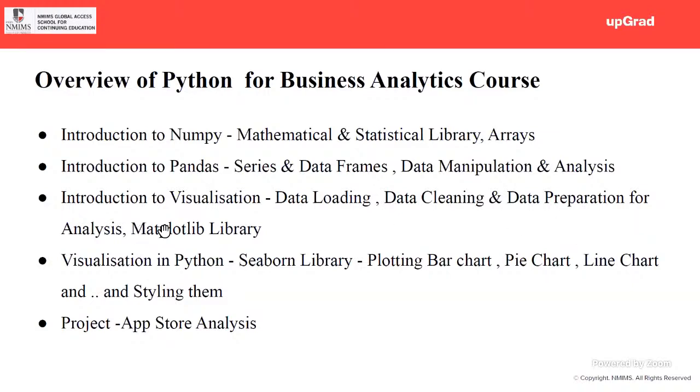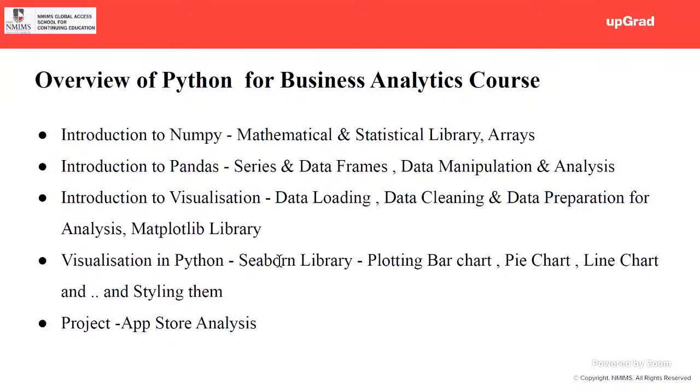Okay. Then we'll be using Matplotlib for our analysis and to plot certain charts. Seaborn is a preferred library for doing charts and graphs in our data analysis. Okay, you can do the same charts and graphs with Matplotlib.